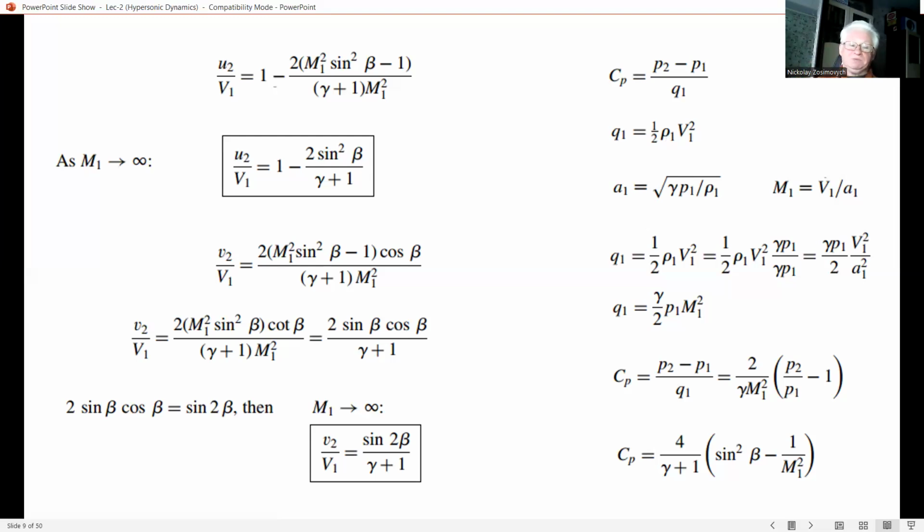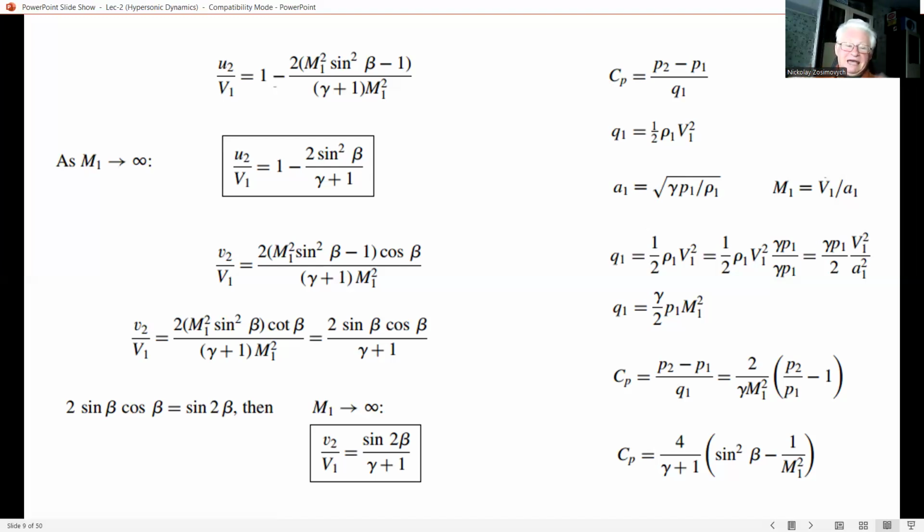So in high-speed flow theory, it is convenient to express our q1 in terms of Mach number and pressure, M1 and P1, rather than velocity and density, V1 and rho 1. Okay?